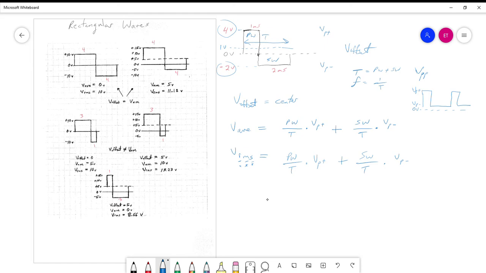So to get to the RMS, you have to square everything, square all the values. So I'm at this peak, whatever the peak voltage is, I'm going to square it. Whatever my negative voltage, I'm going to square it. It's pretty easy for rectangular waves because you are only dealing with 2 voltage levels. Some of the time you're here and some of the time you're here.